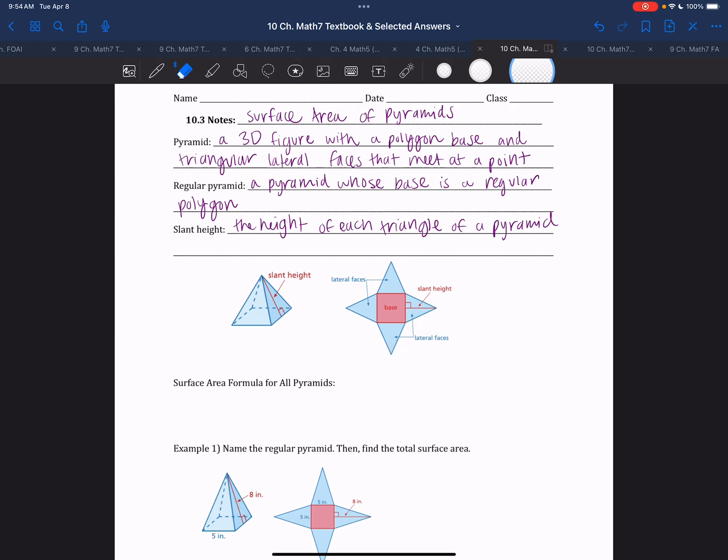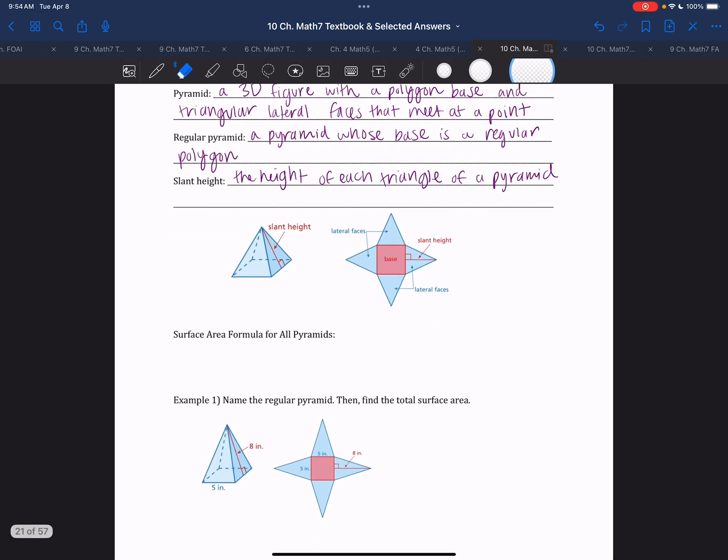So to find the surface area formula for all pyramids, the easy part is, well, let's actually think about how to find, and don't write this down, how to find the total surface area of prisms. How can we modify this to find this total surface area of pyramids? All right, so pause this video and talk about that with your groups.